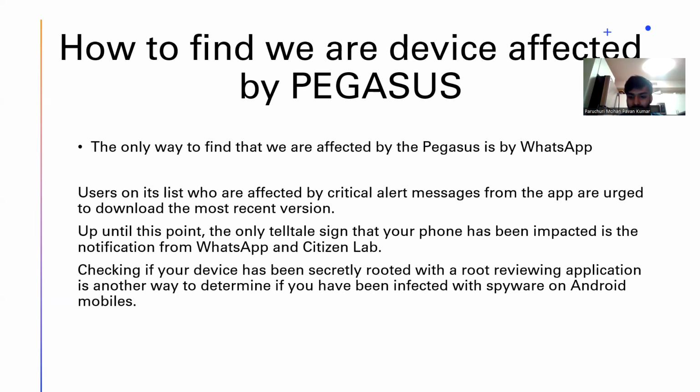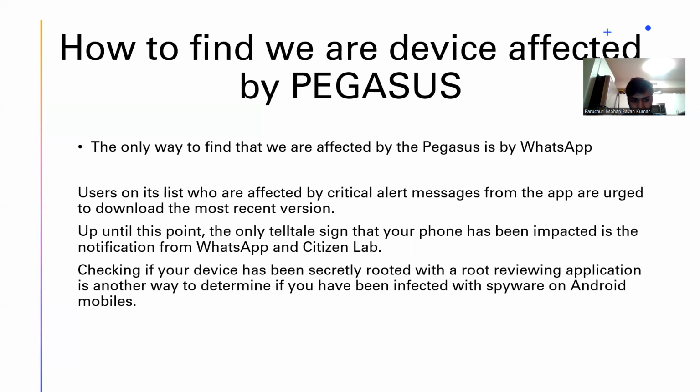It forces people to download the version, but the downloaded version is not legit. It is created by the Pegasus group, the NSO Group, so that they can gain all the information, get into the system, and install the code on the systems.